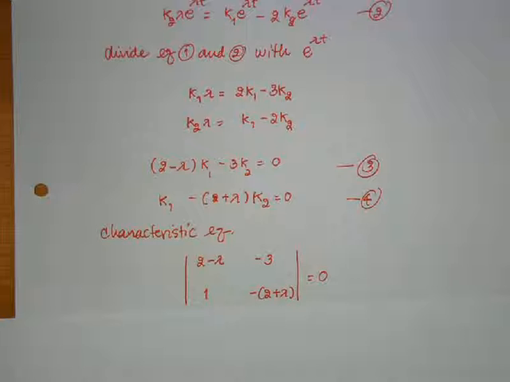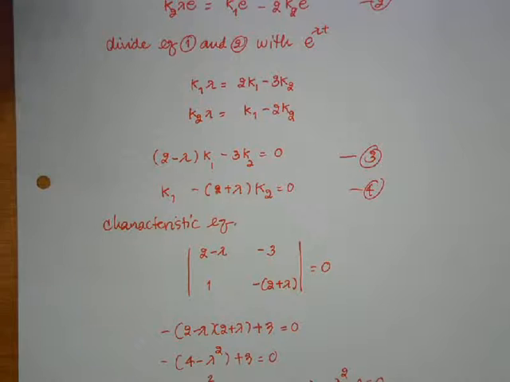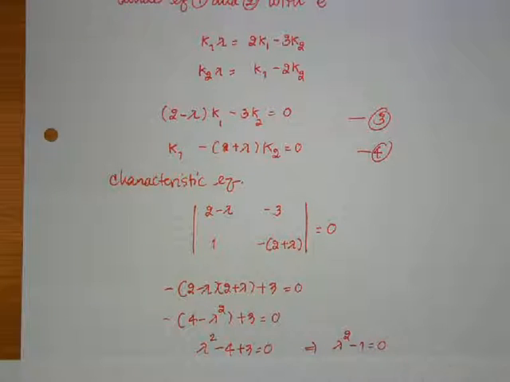The way to find the determinant is to take the product of 2 minus lambda and minus 2 plus lambda, minus the product of 1 and minus 3. Then we rearrange this equation, and you get lambda squared minus 4 plus 3 equal to 0, so we get lambda squared minus 1 equal to 0.